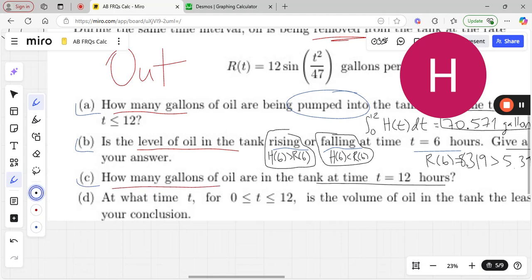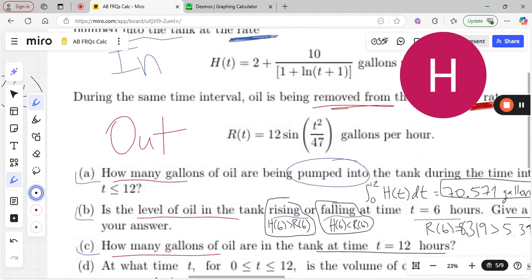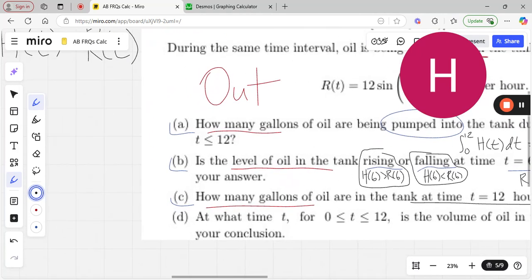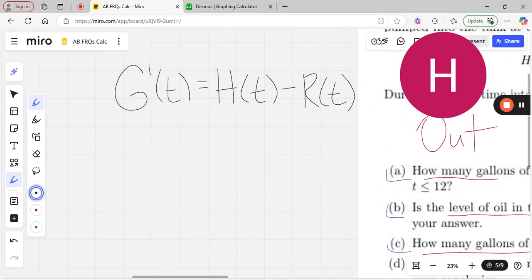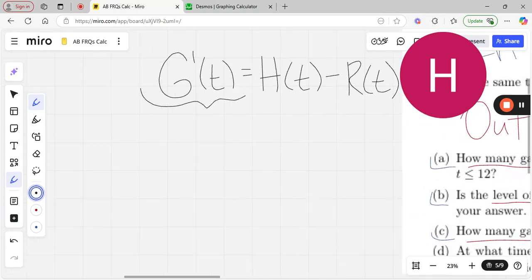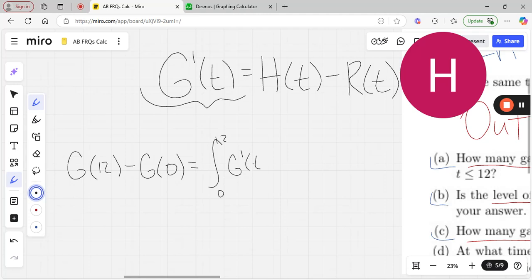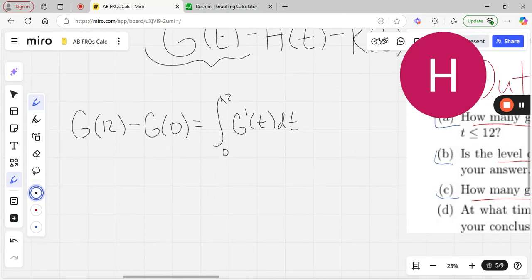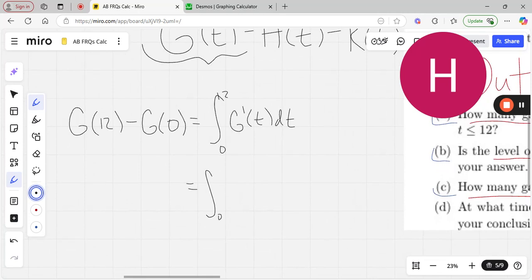So what we need to do is understand how much went in from H and how much came out from R. We're going to say that G of 12 minus G of 0, by the fundamental theorem of calculus, is equal to the integral from 0 to 12 of G prime, which is the integral from 0 to 12 of H minus R.